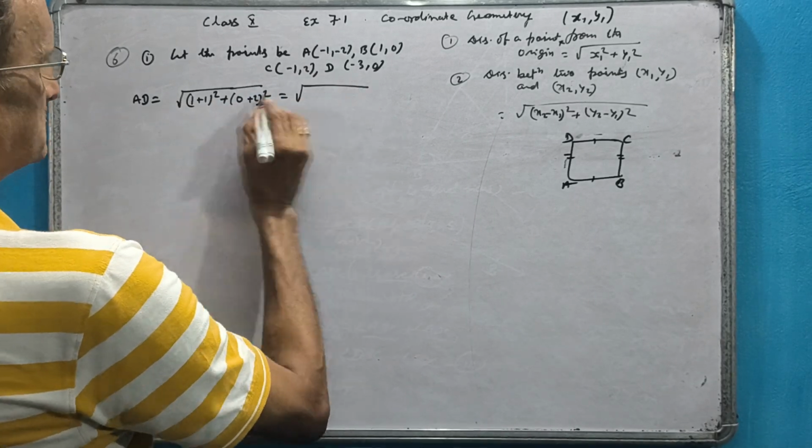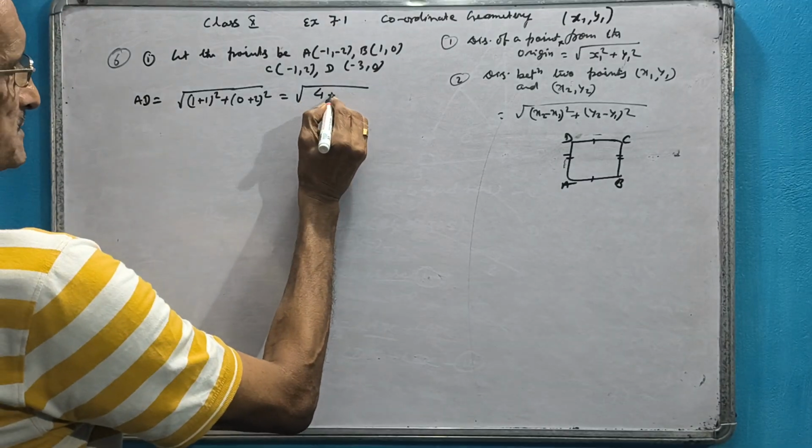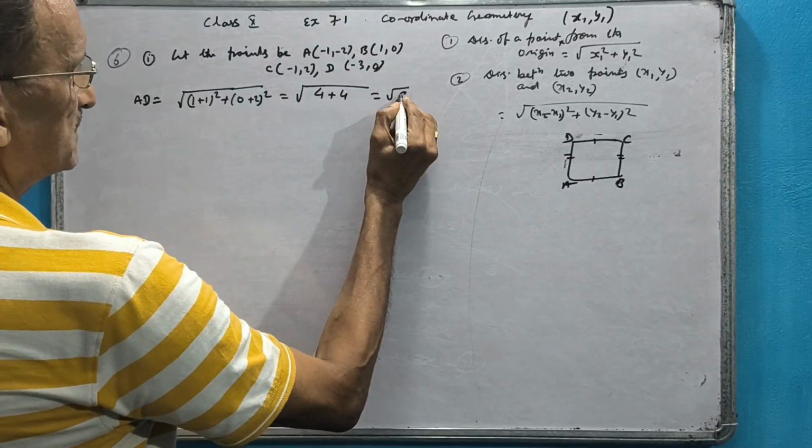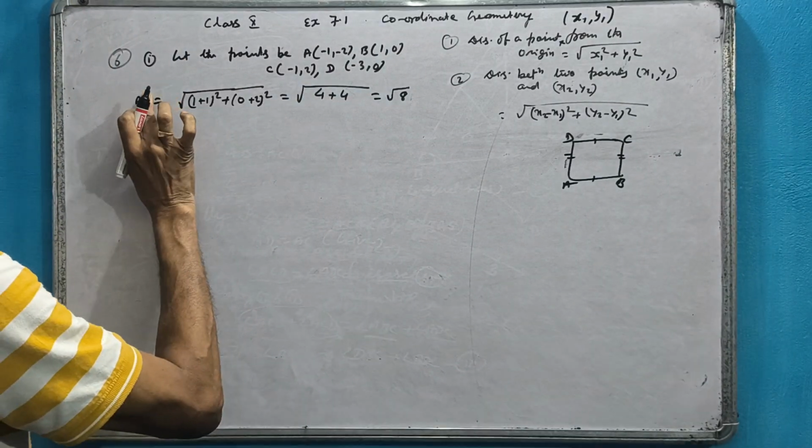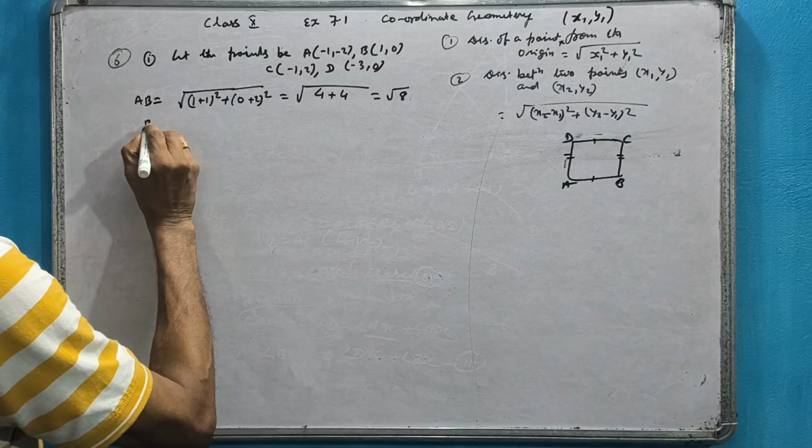So what will we get here? 1 plus 1, 2 whole square is 4, and this is also 4. So this is root 8. You can write 2 root 2 or leave it like that. This is AB.